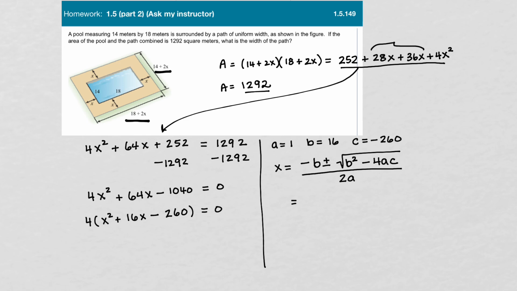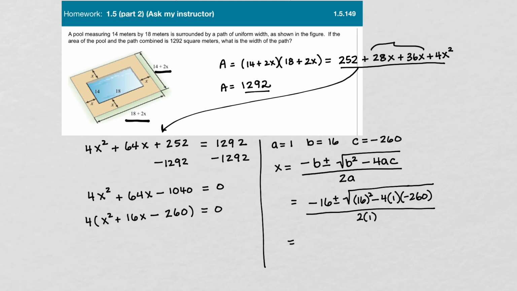So this would be negative 16 plus or minus the square root of 16 squared minus 4 times 1 times negative 260, and that's all over 2 times a, which is 1.